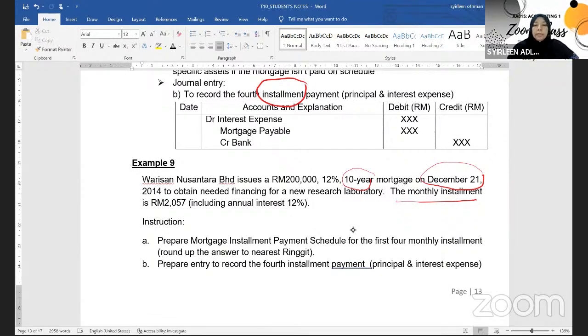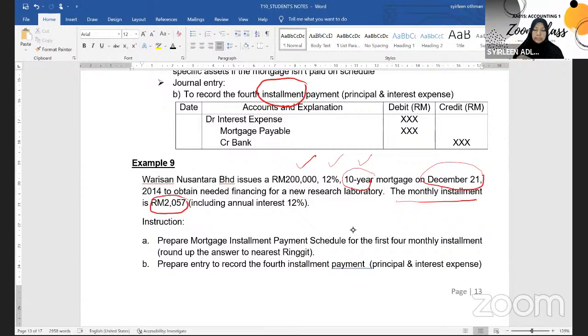We borrowed 200,000, the interest rate is 12%, which means 1% for 1 month, and the tenure is 10 years. We are supposed to pay a fixed installment amount, so every month we must pay RM2,057. So how do we get the figure RM2,057, and what are we actually paying in that RM2,057?